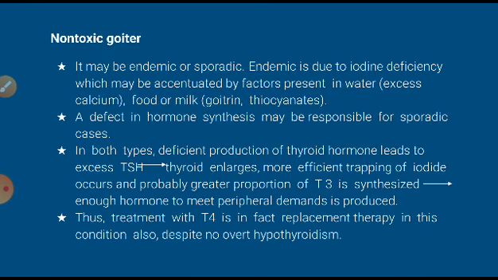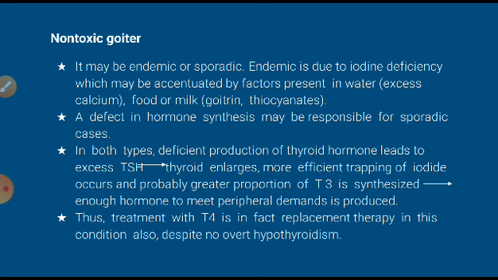Non-toxic goiter. It may be endemic or sporadic. If it is endemic, it is due to iodine deficiency, which may be accentuated by factors present in water like excess calcium, or in food or milk, goitrin, thiocyanate, etc. Means because of these reasons, it may be endemic. A defect in hormone synthesis may be responsible for sporadic cases.